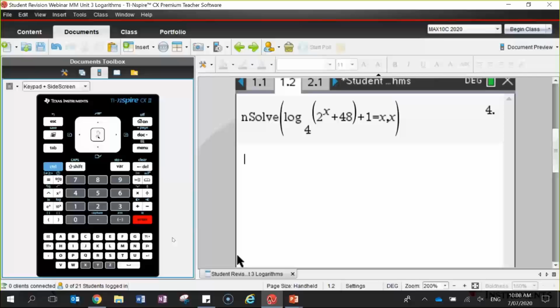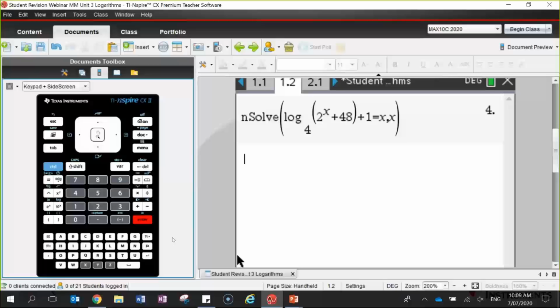Okay? That question could also be put on a non-calculator or non-tech active, so a tech-free, sorry, that's what I was looking for, a tech-free paper, and it would be worth a lot more marks, because you would have to use your knowledge of exponents as well as quadratics to be able to solve it.